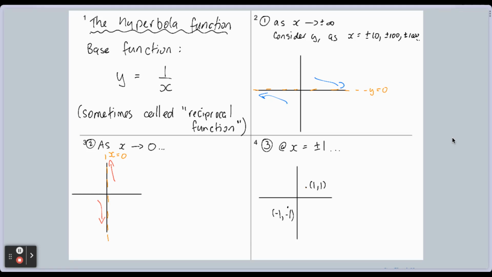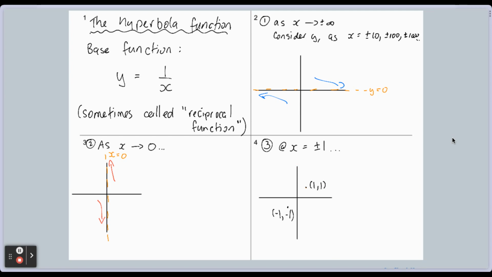Okay. So we can put all those 3 facts together. We can see that we're going to have this behaviour here and this behaviour here. We can see there are some critical points here: 1, comma 1 and minus 1, minus 1 gives us an idea about what's happening on the curve.